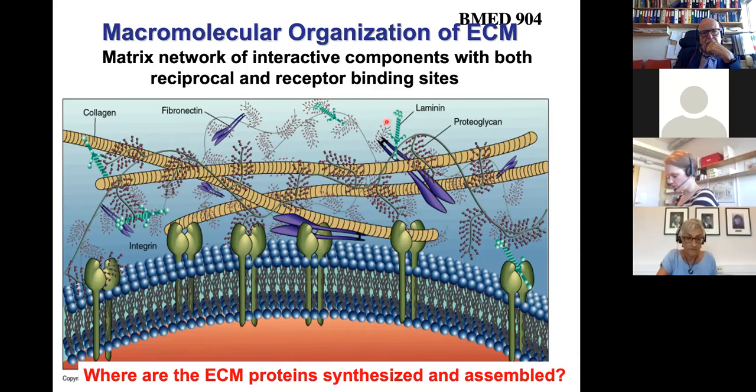Whoever made this graphic illustration, the laminins are usually not present in this matrix, but in basement membrane. And these ECM proteins are synthesized in the cells, secreted, and different cell types contribute to the matrix.